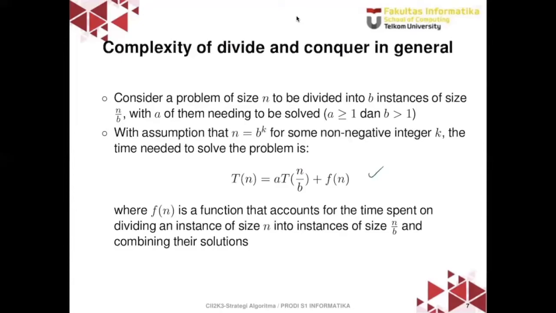Here we assume that n is a power of b, but it actually doesn't lose generality. Here a is how many subproblems we need to solve, and this is the time to solve each subproblem. And then f(n) is how much time we need to divide the problem and then combine the solutions.